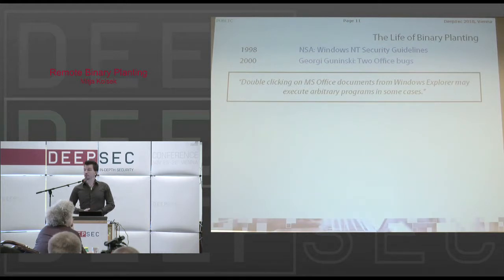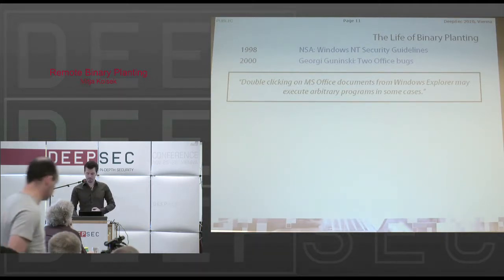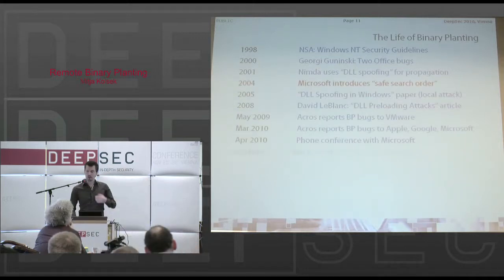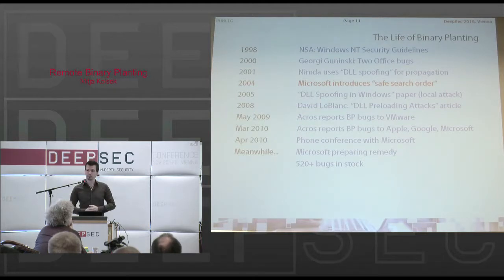He found 2 Office bugs of this type and published that, and Microsoft fixed that, but it didn't actually cause an avalanche, which it could have. A lot of stuff has happened since, and Microsoft has, along the way, introduced some partial fix to make things a little better, but just a little better, as we'll see.